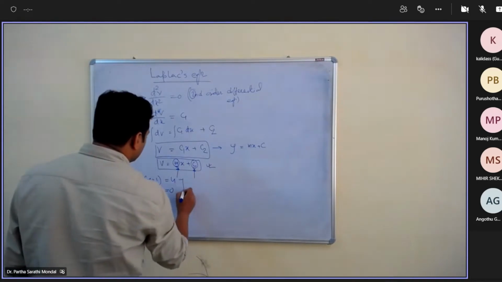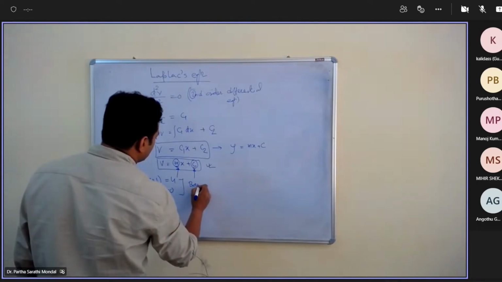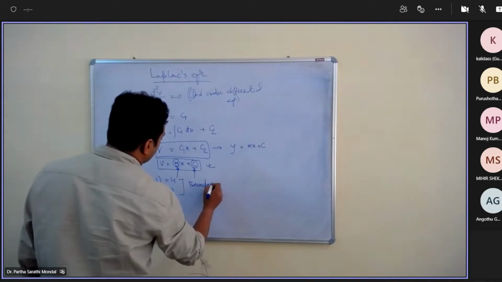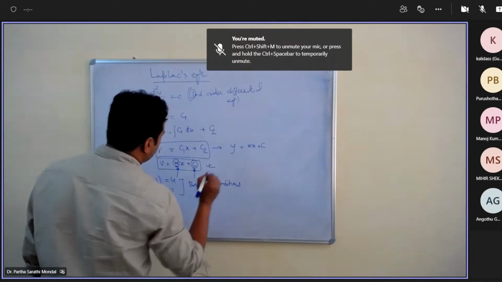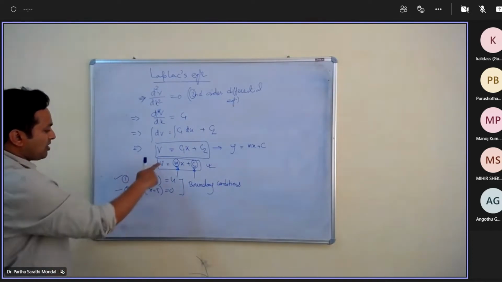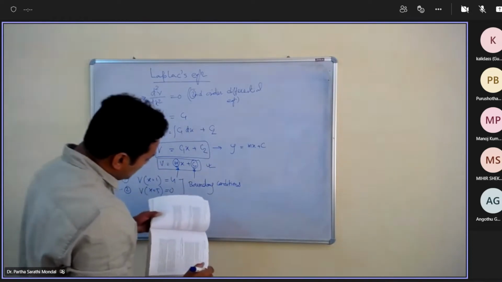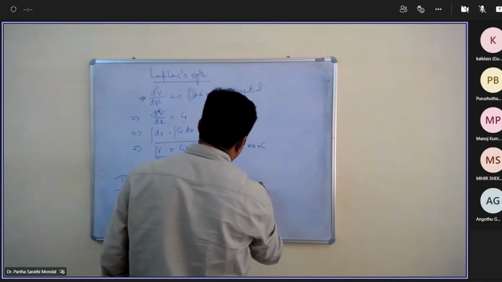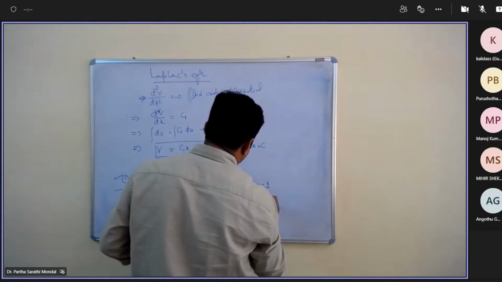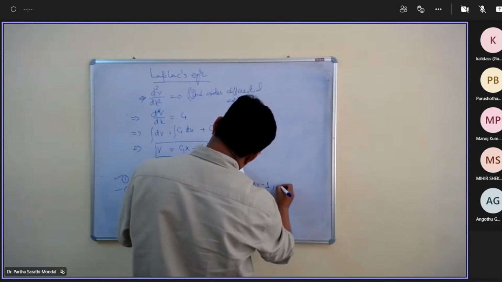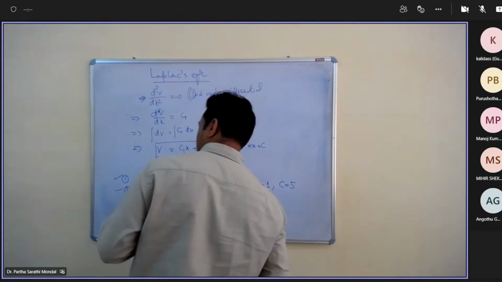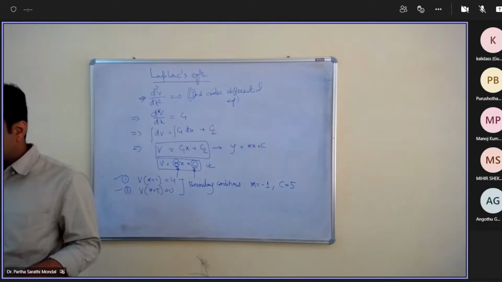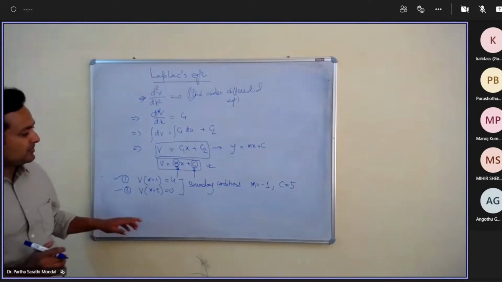So if I put these boundary conditions, this will give you the value of a. आप solve करेंगे, so it will give you a equal to -1, and the value of c as 5. ओके आप देख सकते हैं उसमें कोई प्रॉब्लम नहीं है.